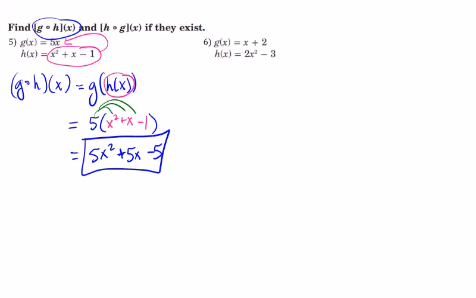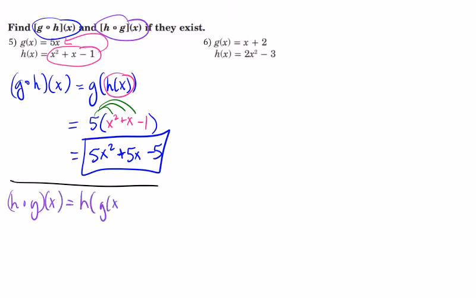Now, of course, they're going to ask us to do the other way around. So now we're asked to find h of g of x. This is where we're going to put g of x as the input for h.